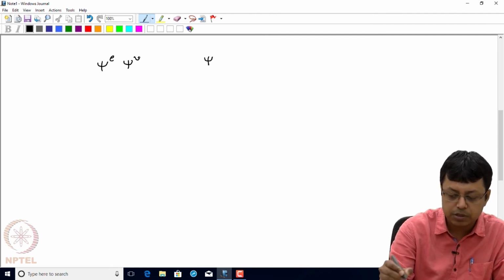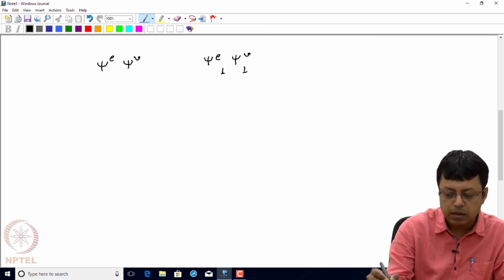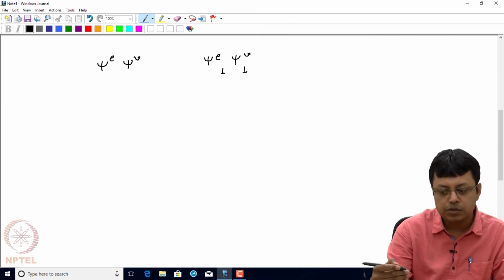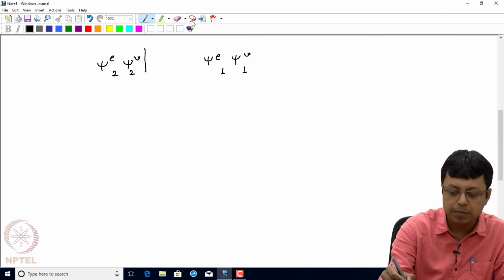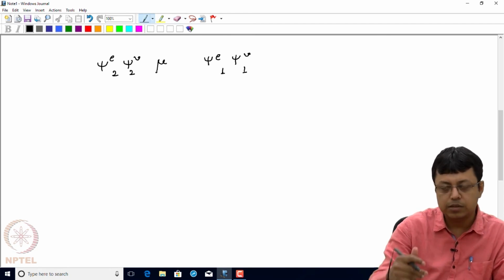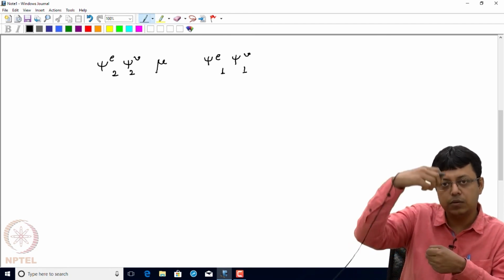Suppose I am going from the ground electronic state, corresponding to psi 1, and I will end up in psi 2. So there is something called the transition moment integral. It is nothing but a dipole operator, a transition dipole operator that acts between these two wave functions. So basically it couples the ground state with the excited state.